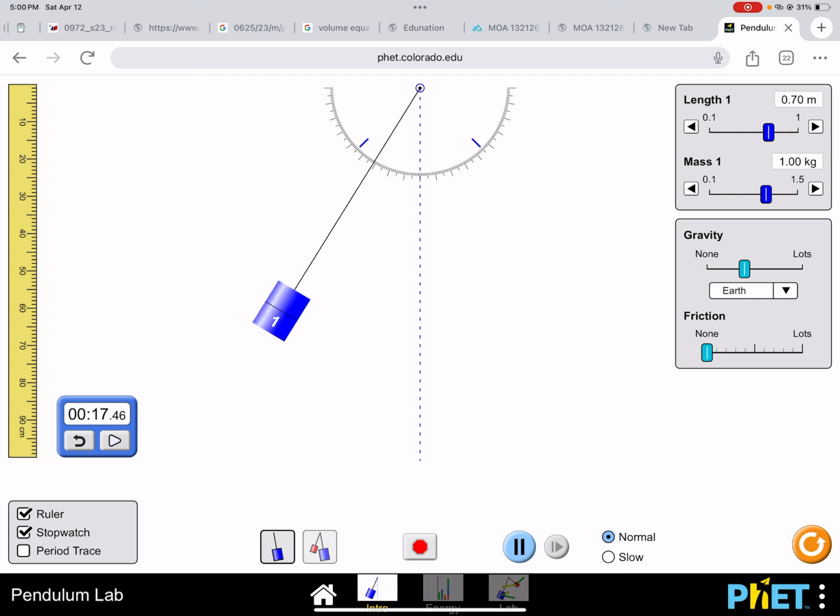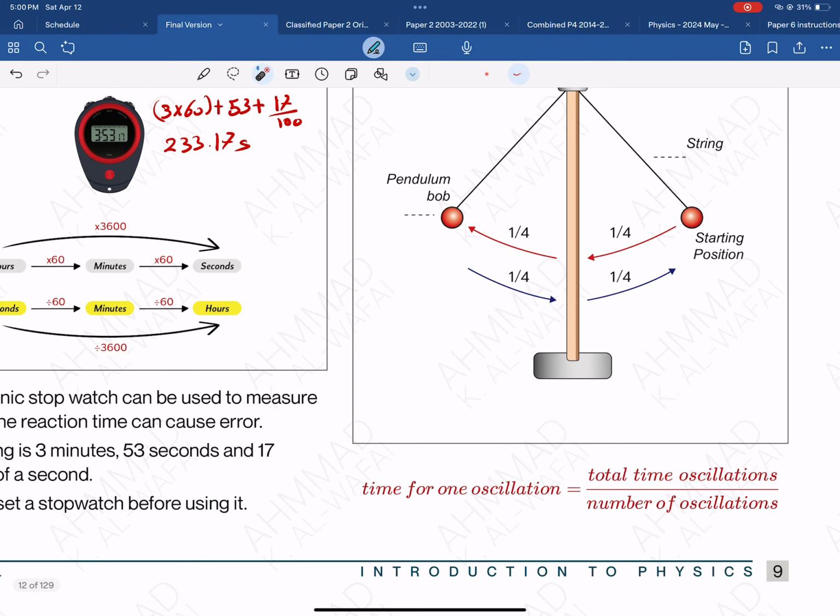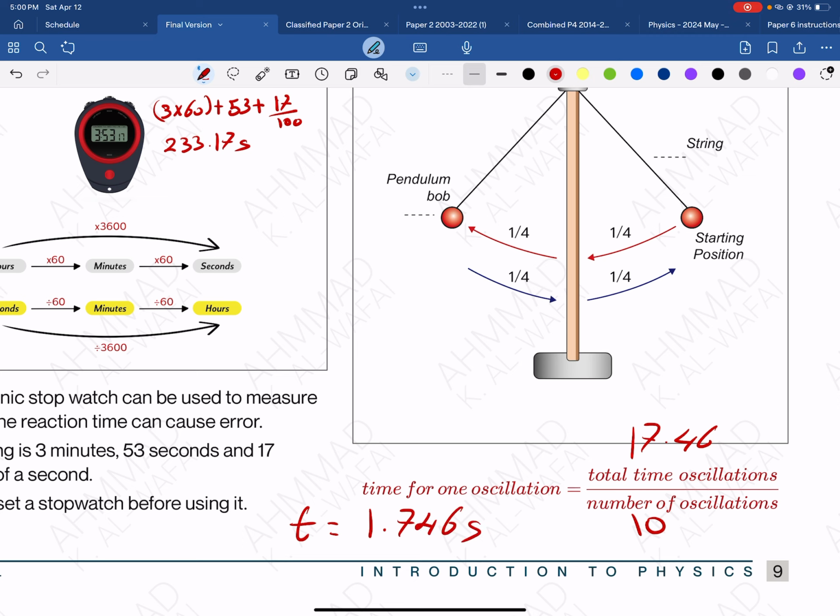So in 10 oscillations, the total time was 17.46, as you can see on the left here. So we go back. The total time was 17.46, and we counted 10 oscillations. So the time for 1 oscillation, small t, is going to be 1.746 seconds per oscillation.